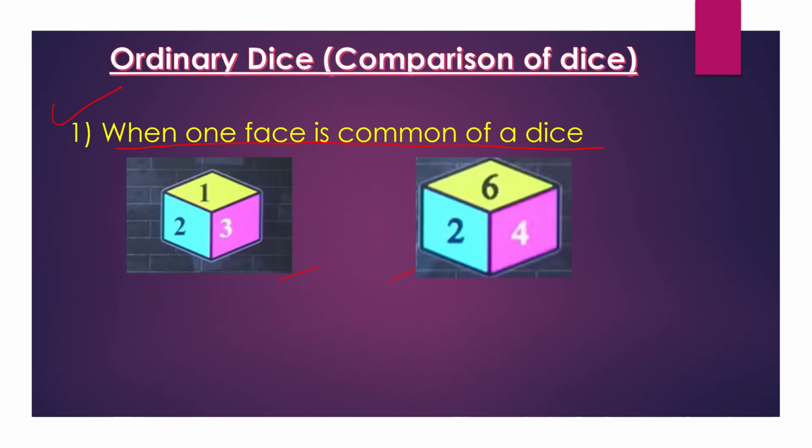So the first case is when one face is common in the dice. In both dice, which number is common? Please see.